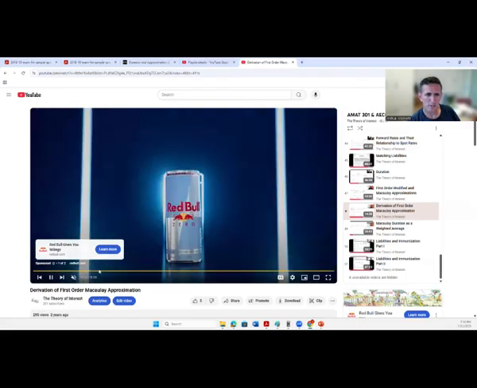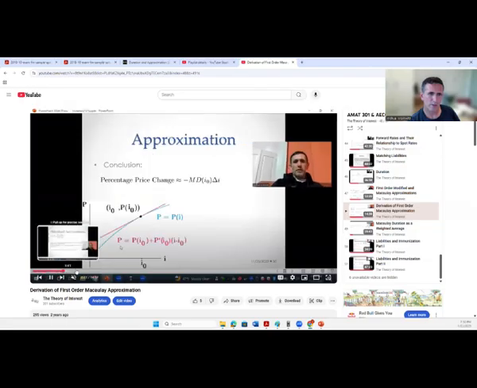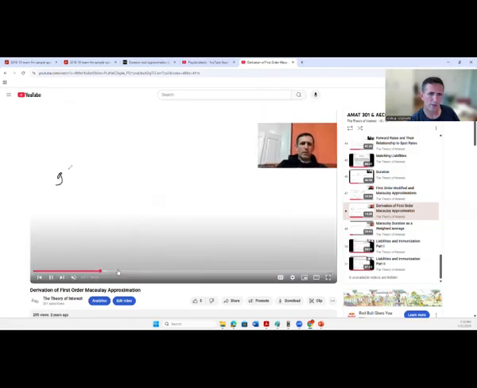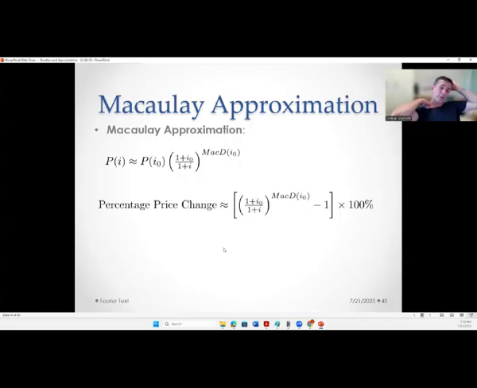Basically do what I just mentioned: I define this function g, do a first order approximation on g, and solve for the approximate price P of I. And do exactly what I did before, solve for the percentage price change.